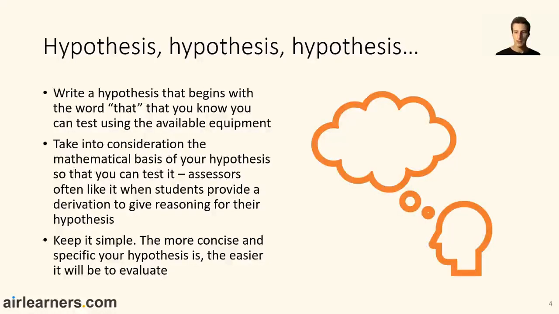In our experiment, there are a lot of different ways that we could construct our hypothesis. The best one, in my view, is as follows. We hypothesize that as the turns ratio doubles, power loss will reduce by a factor of 4, which will lead to an inverted truncus of efficiency with an asymptote approaching 100%.